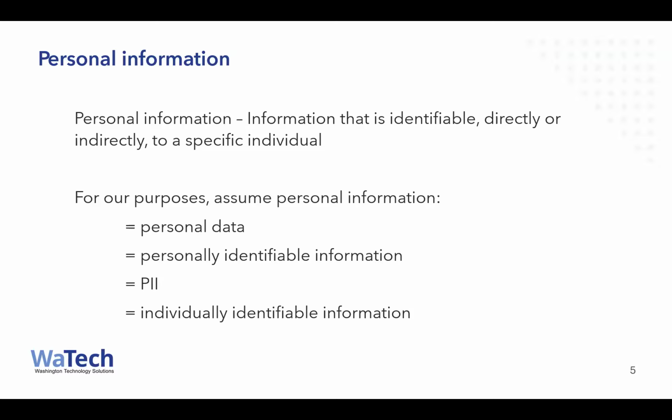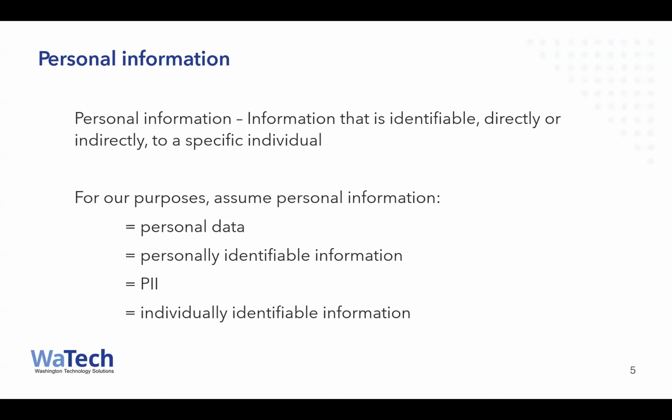So for example, we see personal data, especially if people are used to operating internationally and in particular in Europe where they use that term. We see personally identifiable information with the acronym of PII, which is very common here in the United States. And then a variation of that, we also see individually identifiable information.